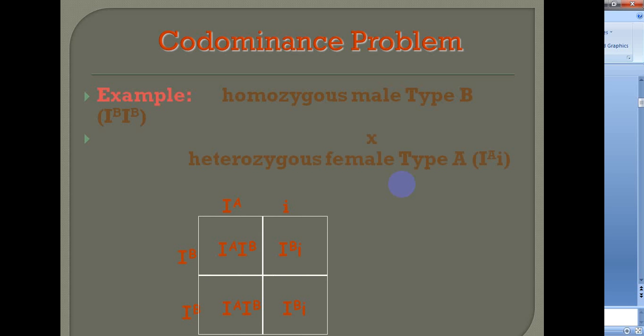In case of the female we have two gametes, one with antigen A and another with none. In case of the male, both gametes have the same kind of allele, and as a result we expect 50% of AB type and 50% of B type.